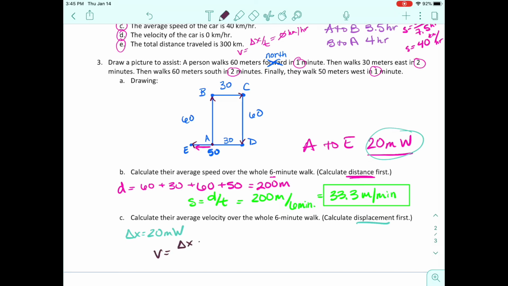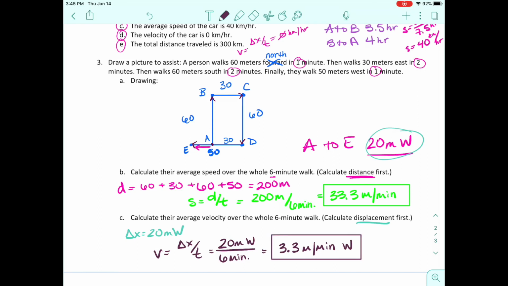That's going to be your displacement over your time. So 20 meters west over 6 minutes, the whole trip. It still took 6 minutes to go from point A to point E. So 20 divided by 6 is going to be 3.3 meters per minute. And then don't forget, we need a direction on velocity because it's a vector. So you just use the same direction that you had on displacement. So west. And there you go, 3.3 meters per minute west.